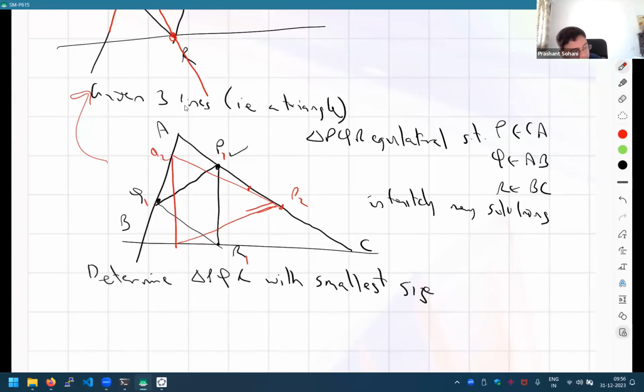Okay, so now P2 Q2 R2 is like this. So clearly the triangles are not congruent, but they are definitely similar because, by definition, I'm talking about equilateral triangles. So how will we try to determine the center of homothety?